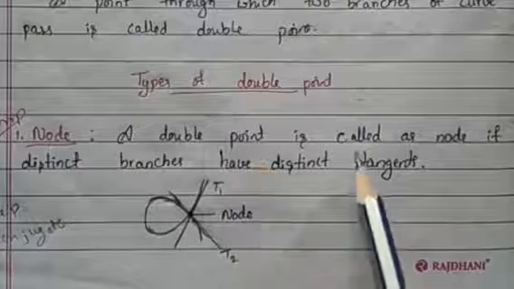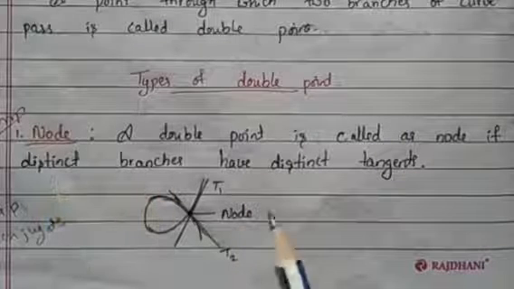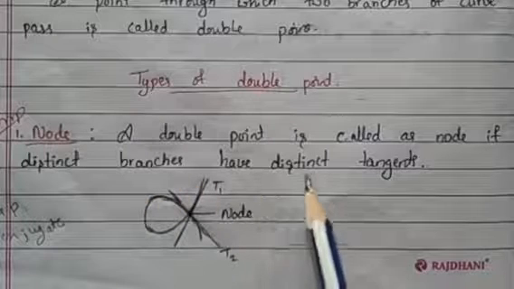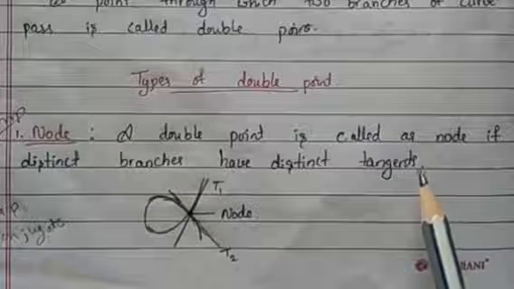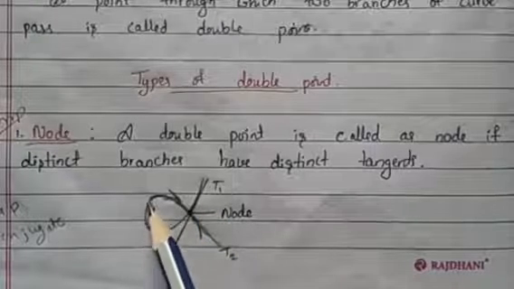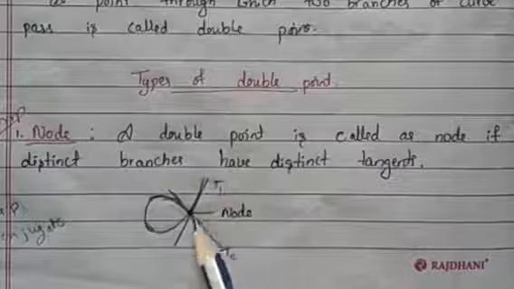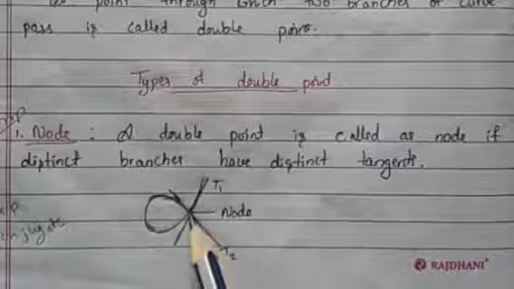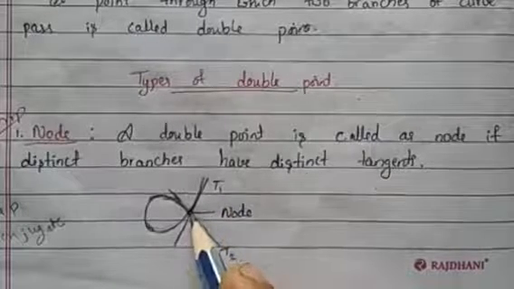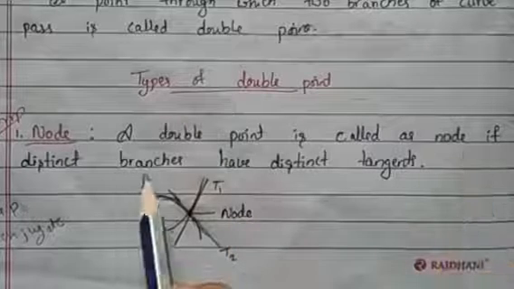A double point is called a node if distinct branches have distinct tangents. Look here, in this case, this is a curve and this one is a curve. Through this point the two branches of the curve pass. Hence, this point is called a double point. This double point is called a node if distinct branches have distinct tangents.